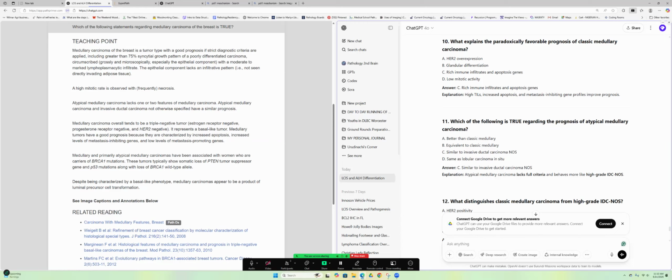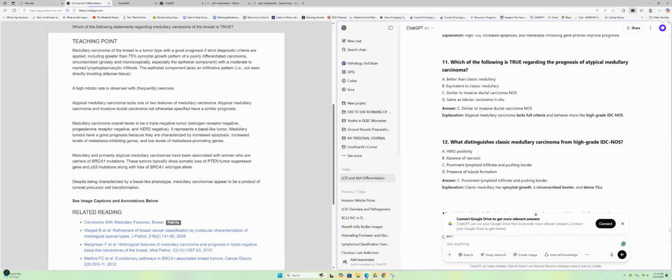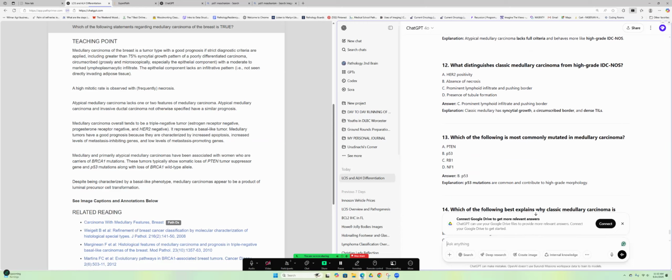Which of the following is true regarding the prognosis of atypical medullary carcinoma? It is similar to high-grade invasive ductal carcinoma. What distinguishes classic medullary carcinoma from high-grade invasive ductal carcinoma, not otherwise specified? Prominent lymphoid infiltrate and pushing border. Classic medullary carcinoma has syncytial growth, circumscribed border, and dense tumor-infiltrating lymphocytes.